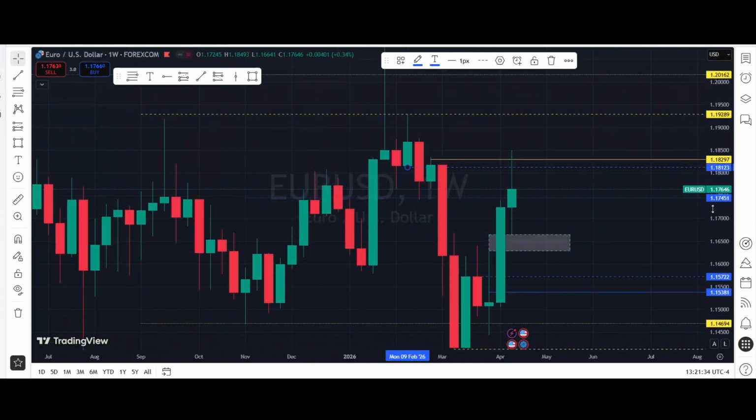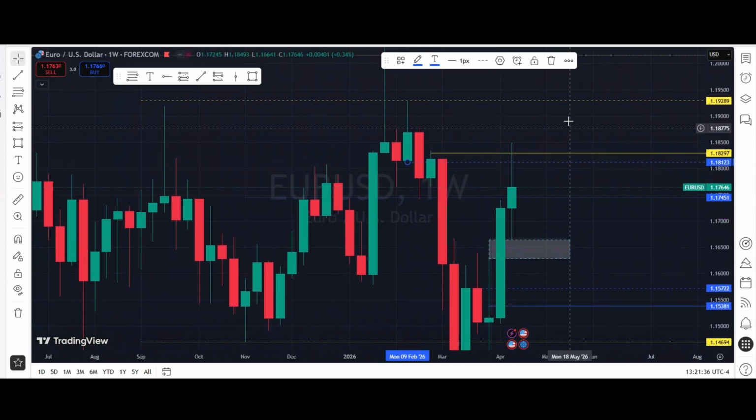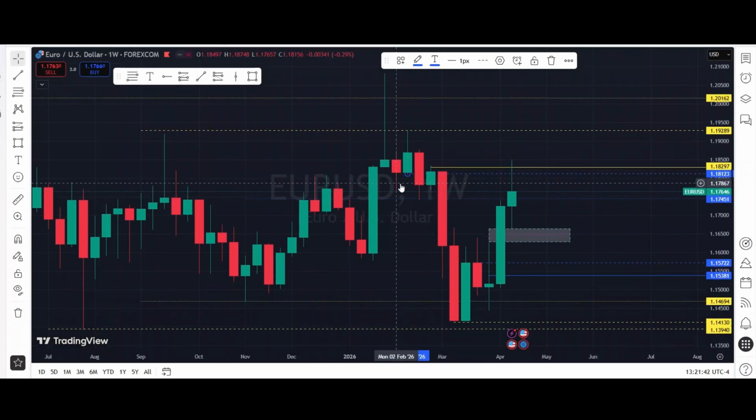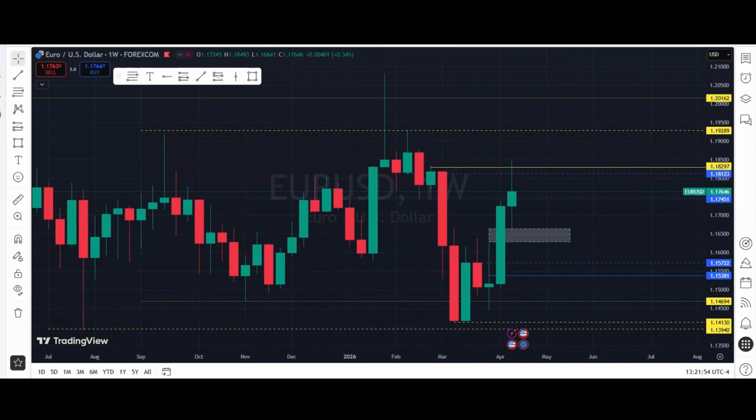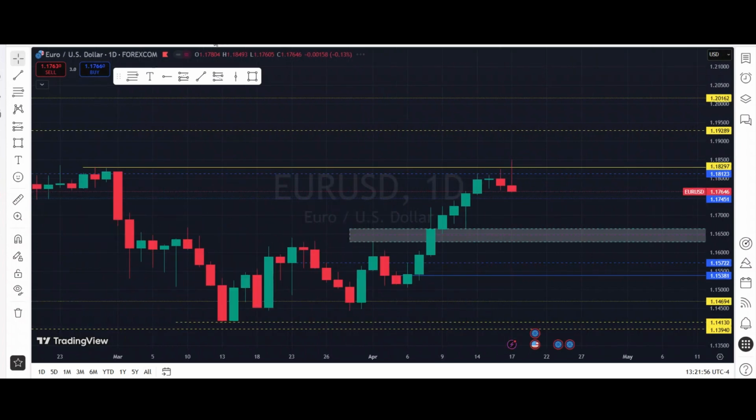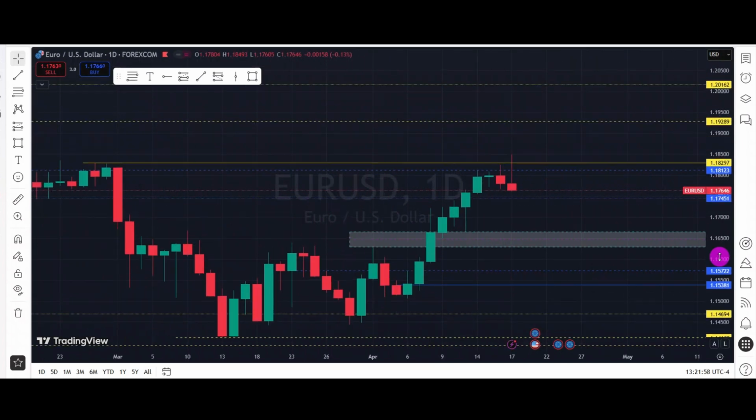So our narrative this week remains that we want to see price respecting this area, this daily range. On our daily range, price is at the premium zone of our weekly dealing range, which is the high here and the low at this level. So price is reacting at the order block on the weekly time frame, and if we drop to the daily time frame, what has been happening?